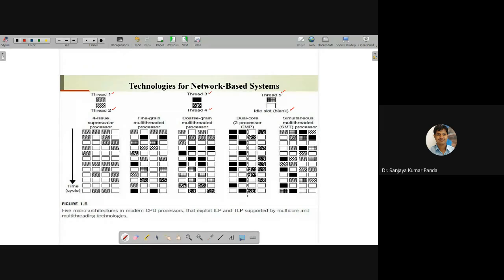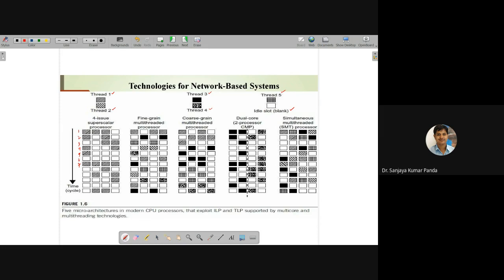So we consider different cycles. For example, in a computer we say clock cycle, right? So you can say this is 1, 2, 3, 4, 5, 6, 7, and so on. These are the different clock cycles. It may be one clock cycle per time unit, any time unit you can consider, and you will see how these 5 microarchitectures are going to process these threads in their processor.